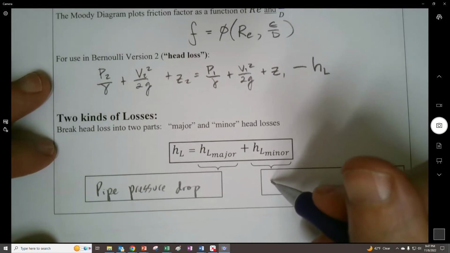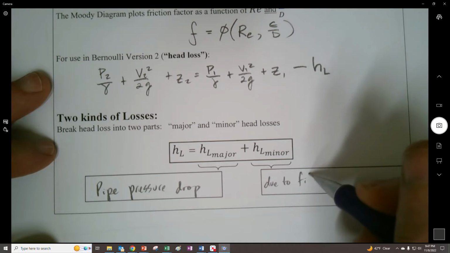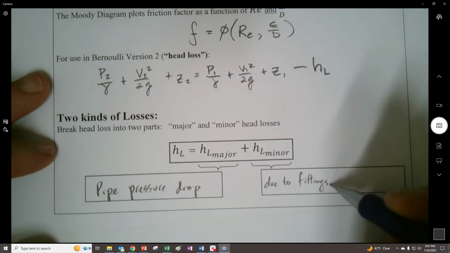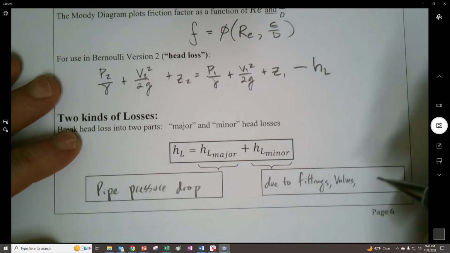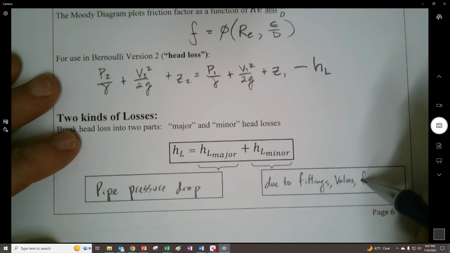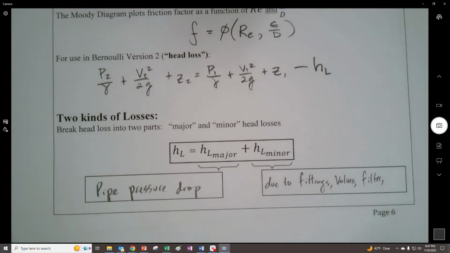Whereas the minor losses are due to fittings like elbows and valves. It could be other things like a filter, or the entrances and exits coming in and out of tanks or reservoirs. This is all due to the stirring up and turbulence causing viscous losses.